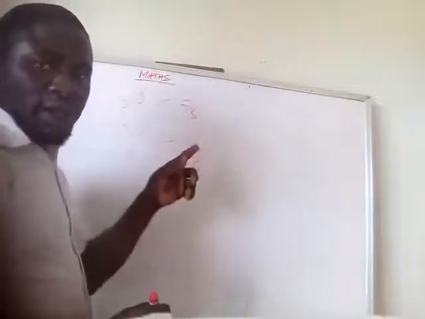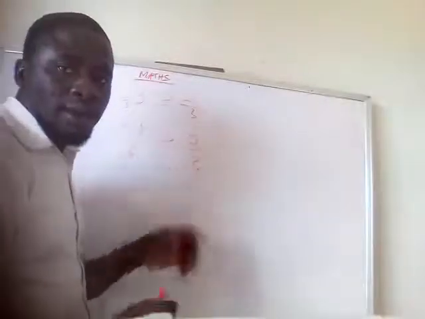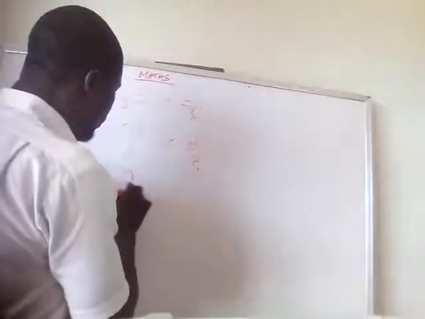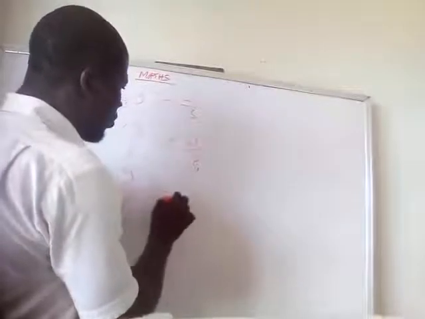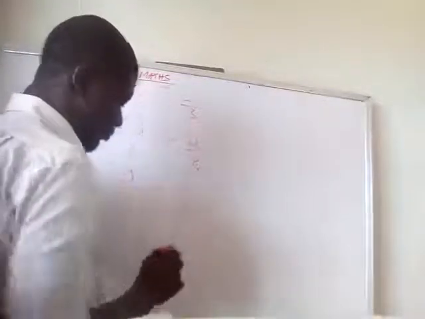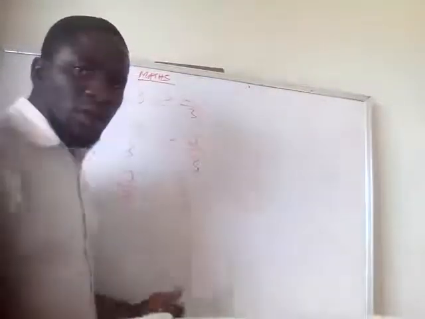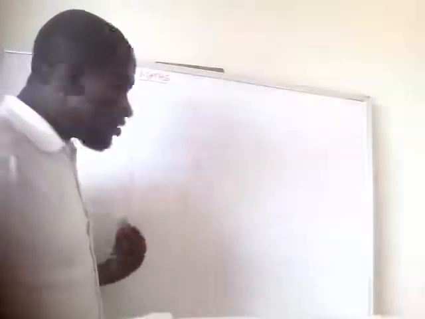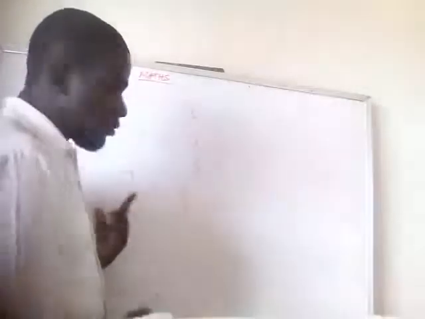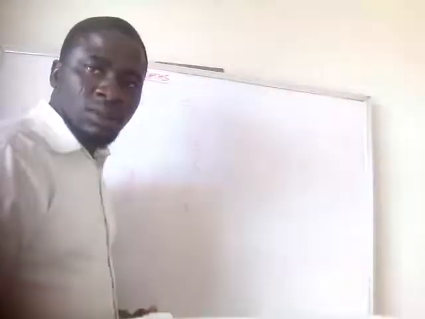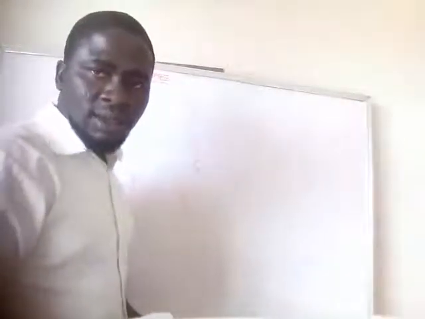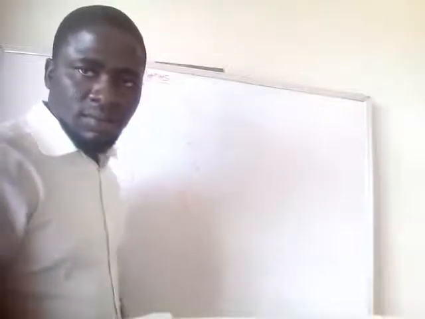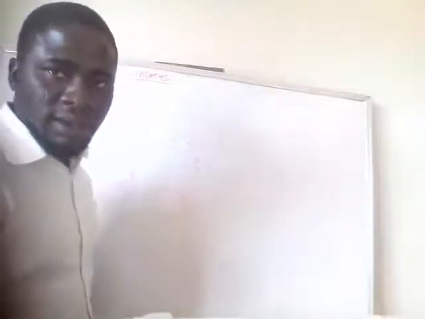So 1 times y is y. So you have y over 3 is greater than or equal to 2 over 3. Now for us to remove the denominator, we have to multiply with the inverse of 1 over 3. What is the inverse of 1 over 3? It is 3. The inverse of 1 over 3 is 3.